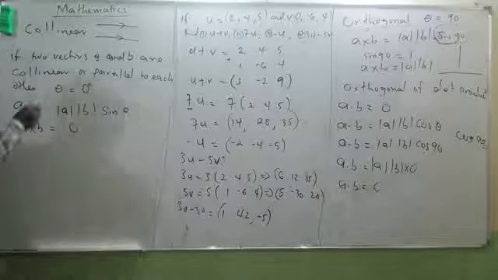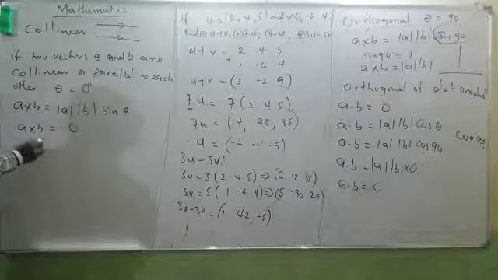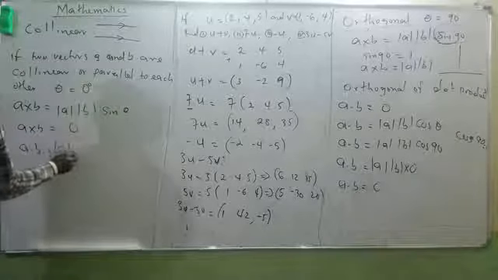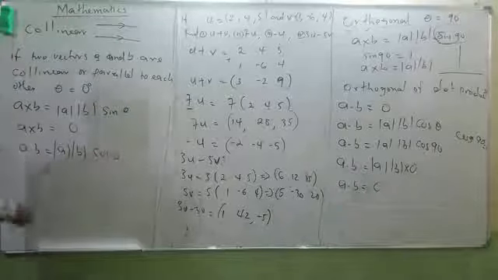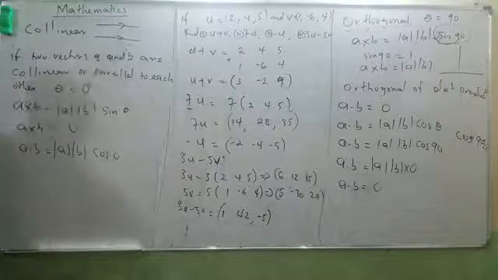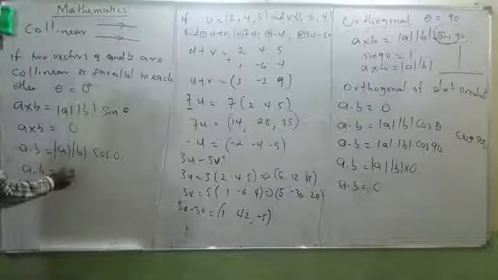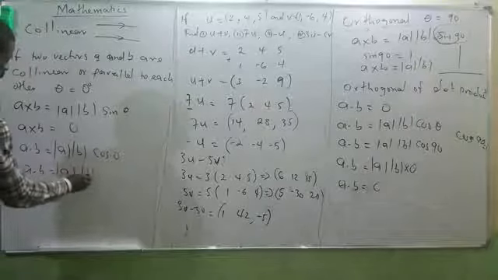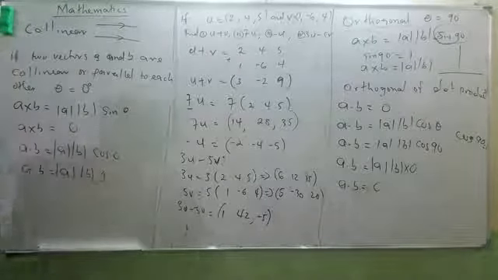Now, what about the dot? A dot B will be equal to magnitude A, magnitude B, and cos 0, which is 1. Don't forget if it is parallel, the angle formed is 0. So A dot B is magnitude A times magnitude B times cos 0, which is 1.